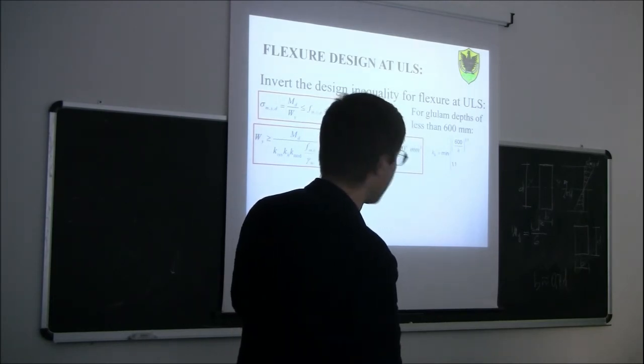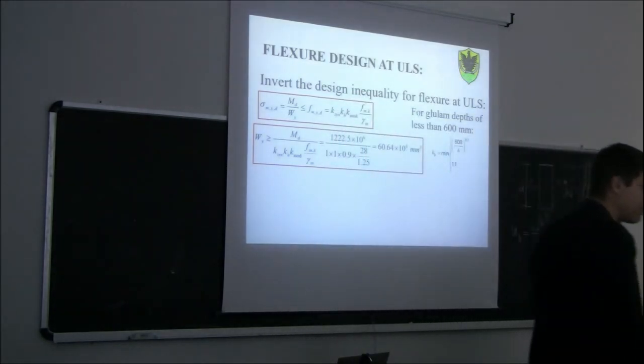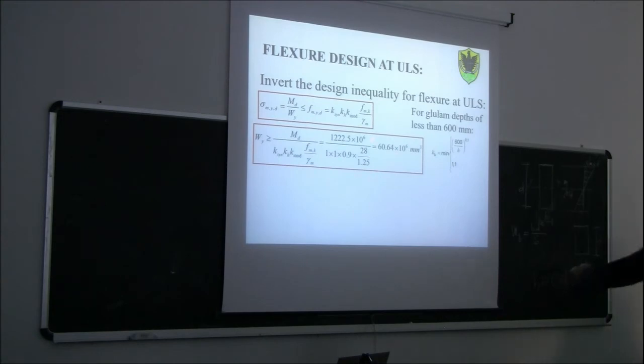This one is megapascal, which means Newton per square millimeter. Meaning that here you need to multiply by 10 to the power of 6. You need to go from kilonewton meter to Newton millimeter. Okay? Kilonewton meter, if you need to transform to Newton millimeter, you need to multiply by 10 to the power of 6.